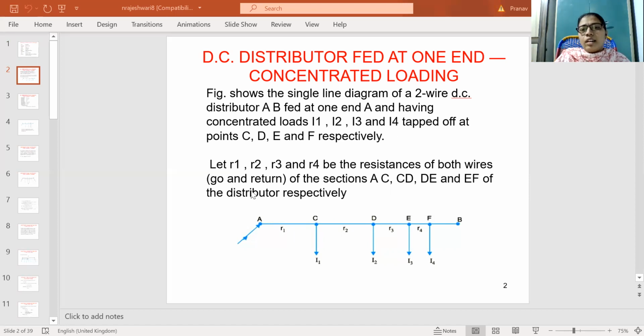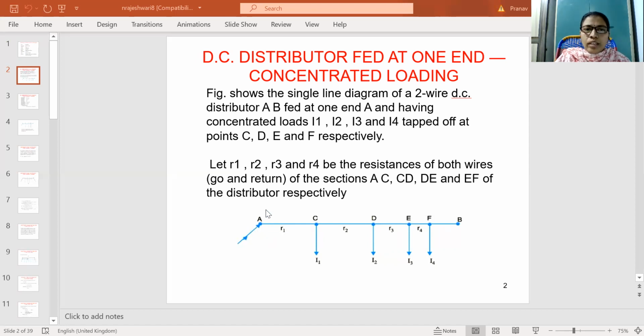Let R1, R2, R3 and R4 be the resistances of both wires, go and return, of the sections AC, CD, DE, EF of the distributor respectively. In that, this is fed at only one end of the distributor.